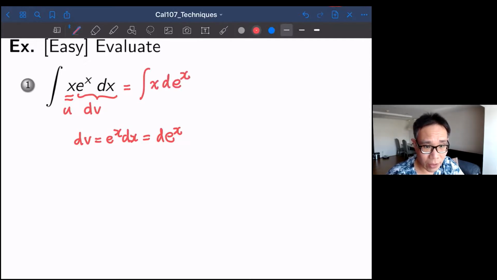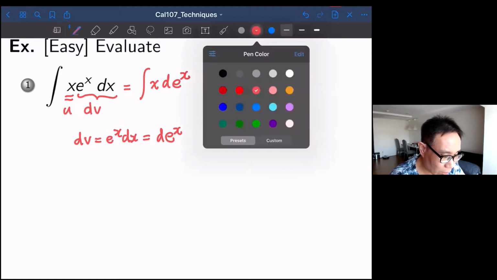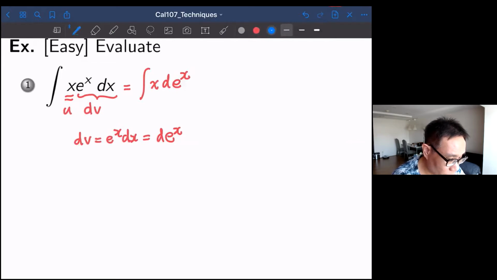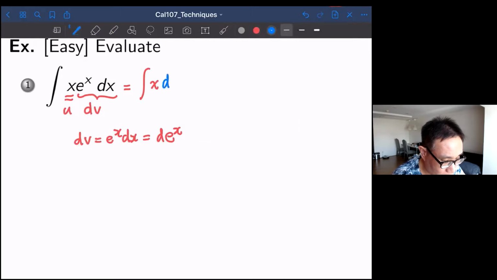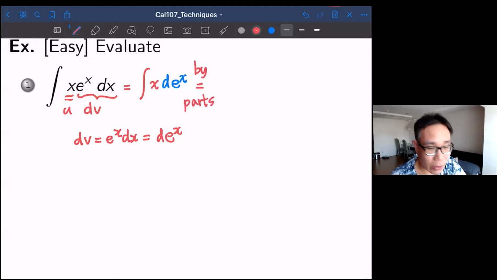Okay, so this is how we see the by parts thing. And you see that it's gonna turn out to be u dv, with dv being d e to the x. So the problem, if you use by parts, is gonna turn out to be uv.